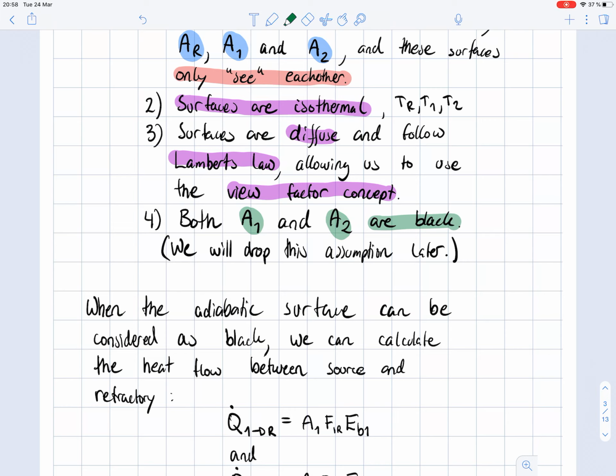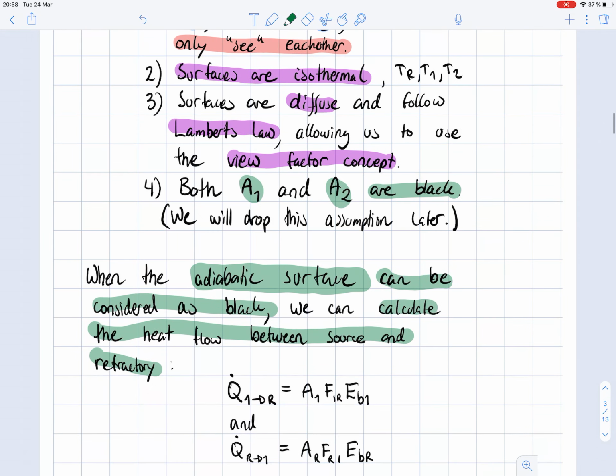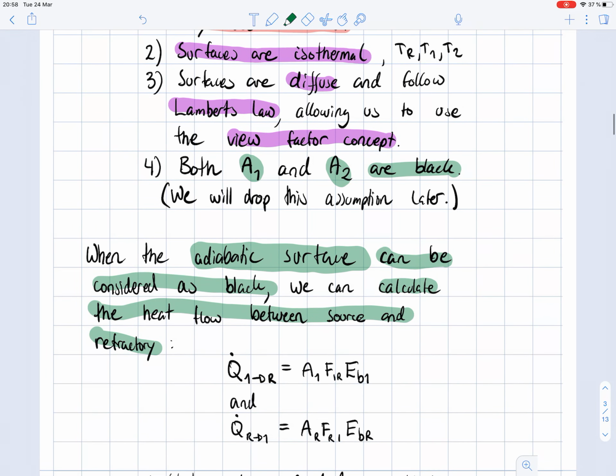Since the adiabatic surface can be considered as black, we can calculate the heat flow between the source and the refractory, or the adiabatic surface, in the following way.